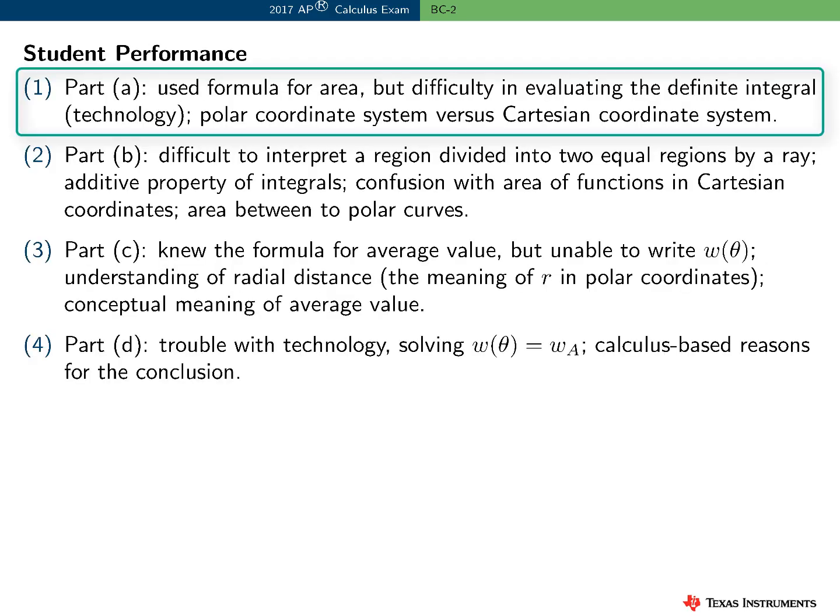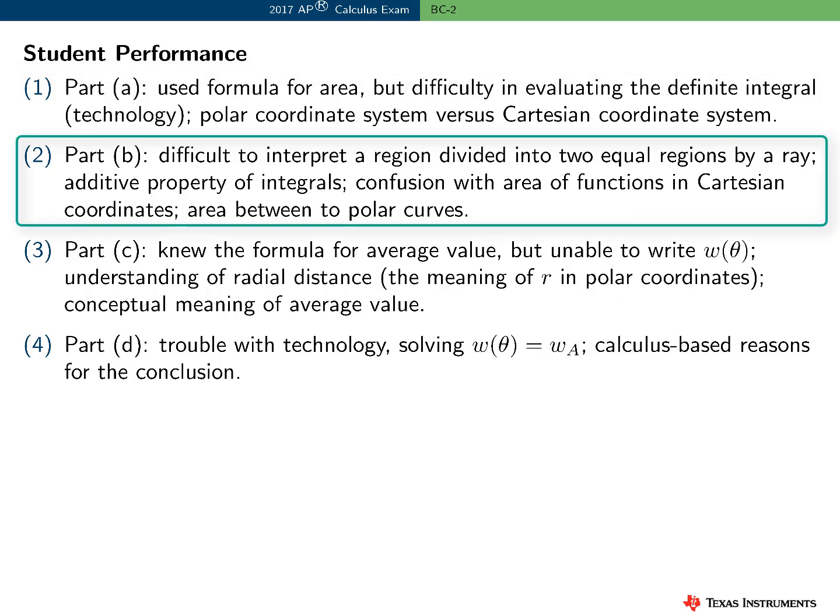Here are some brief comments about student performance on this question. In part A, most students were able to use the formula for area, but some had trouble evaluating this definite integral, which suggests that these students had difficulty using technology appropriately. And some students confused the polar coordinate system with the Cartesian coordinate system.